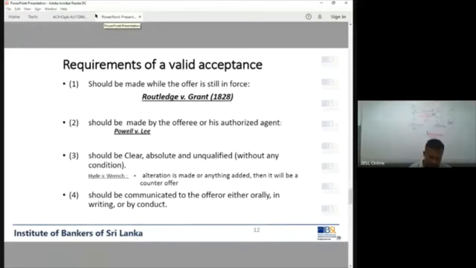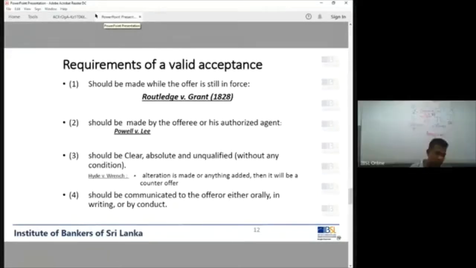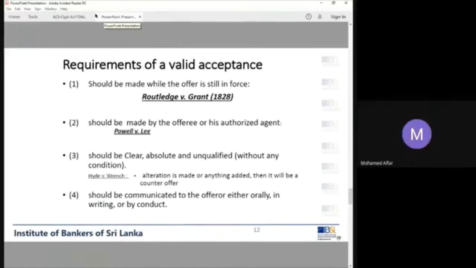Excuse me, sir. There's a question. If an offeror makes an offer to a group of people, and one offeree is asking for more time from the offeror, but another person accepts the offer, what will be the position of the person who asks for more time?